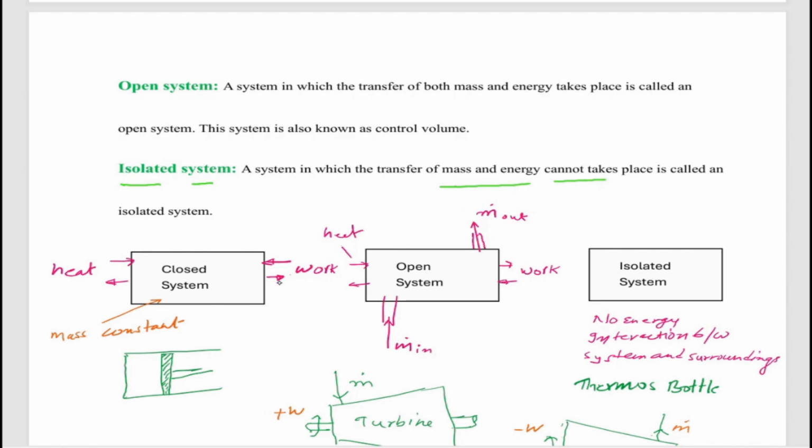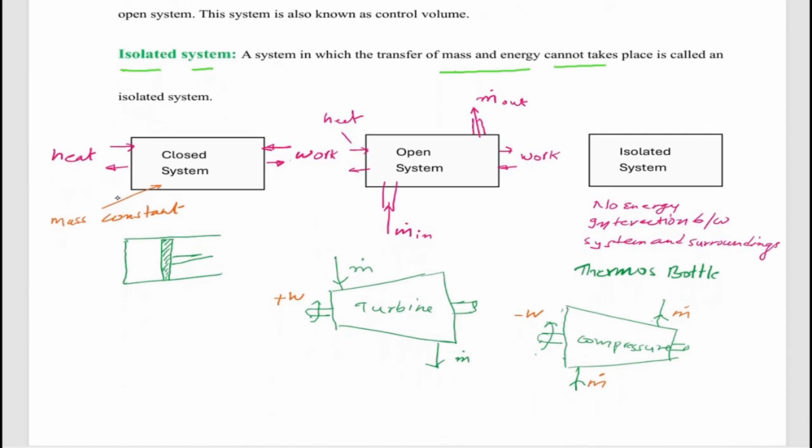So for example, if we see these diagrams, here is the closed system. In a closed system, heat and work may interact, right?